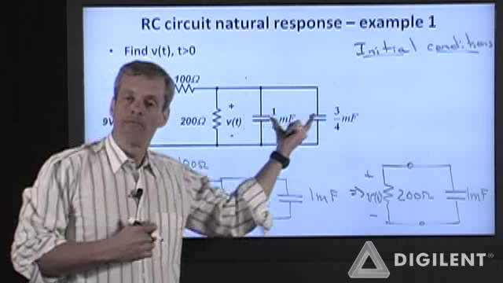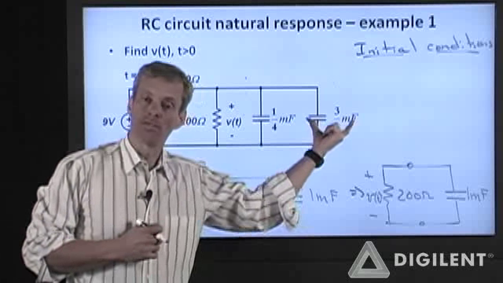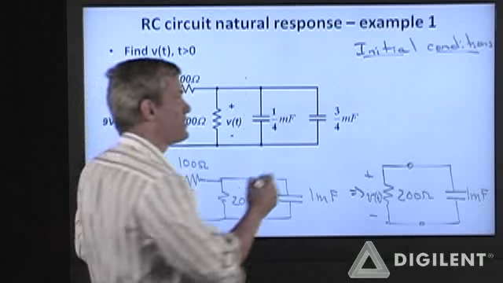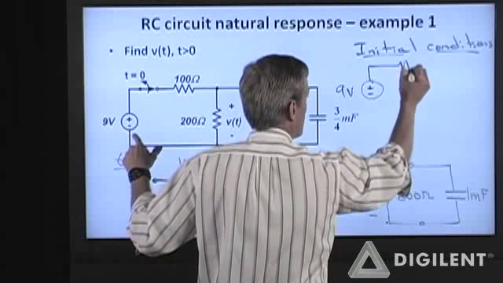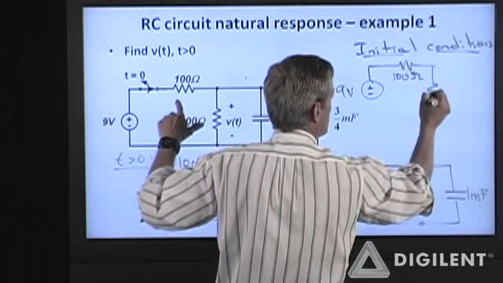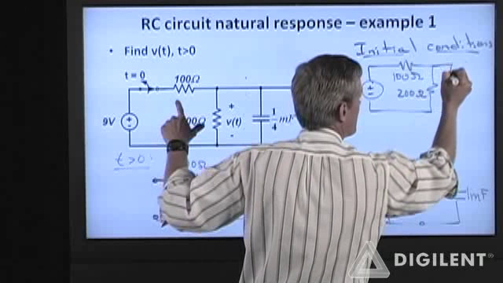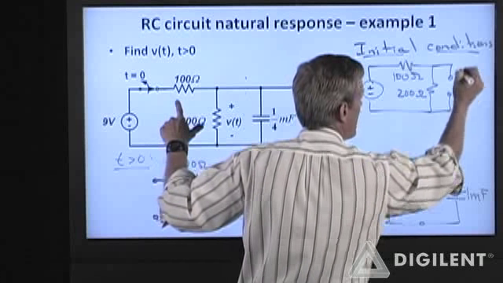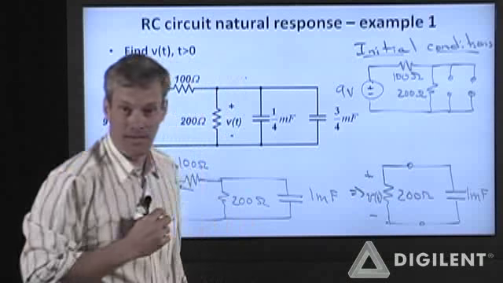We claim that if everything is constant in a circuit, the capacitors look like open circuits. So I can redraw this circuit as a 9-volt source with a 100 ohm resistor and a 200 ohm resistor. The capacitors simply behave as open circuits. They do not affect anything.